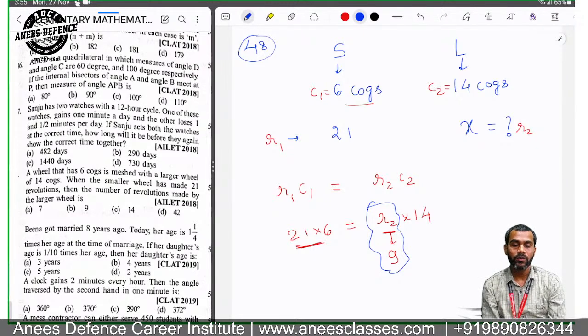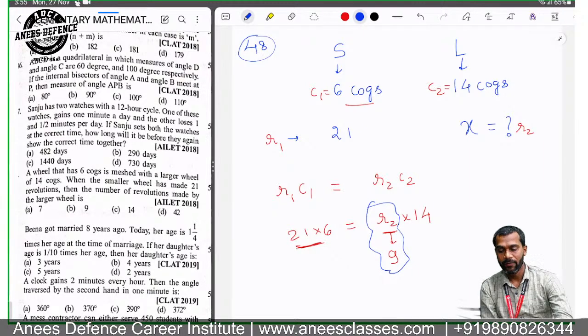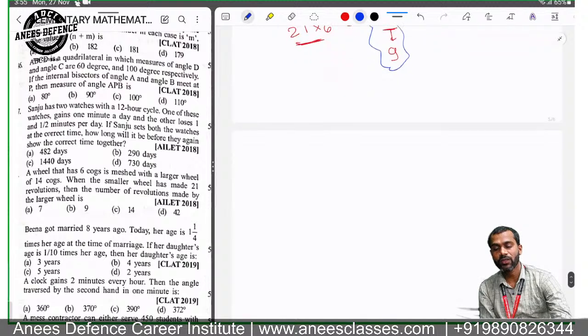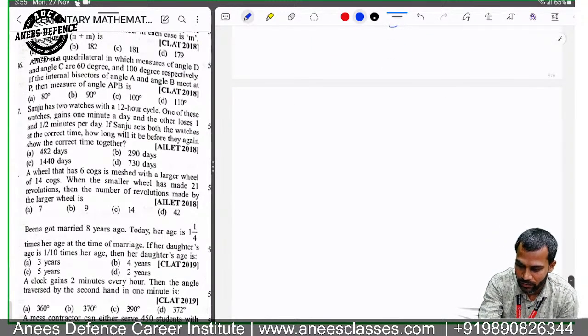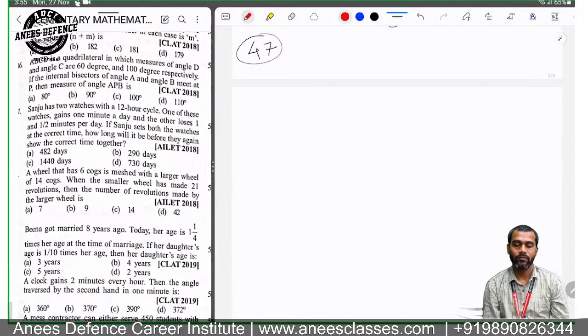Loses means it falls behind. Okay. And if Sanju sets both the watches at the correct time, how long will it be before they again show the correct time together? Yes or no? Please try. Question number 47. Have you understood the question? Yes, online students.